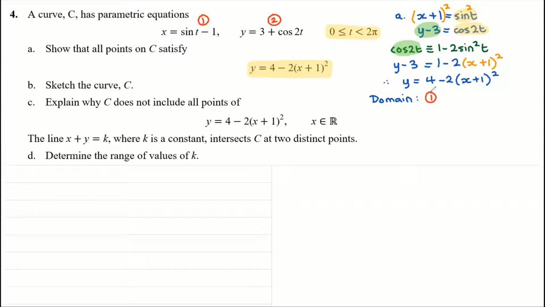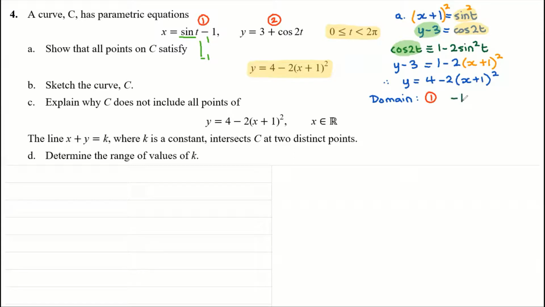Well, obviously, because it's sine, its sine is bounded between -1 and 1. So we simply swap out the sine t for its minimum and maximum values to get the minimum x and the maximum x respectively. It depends how you want to do it, of course. This is just one way of doing it.